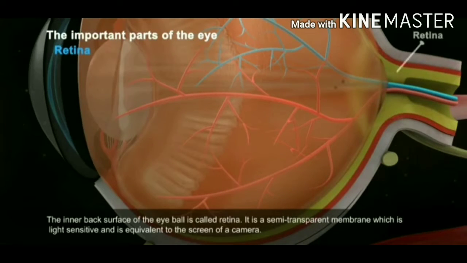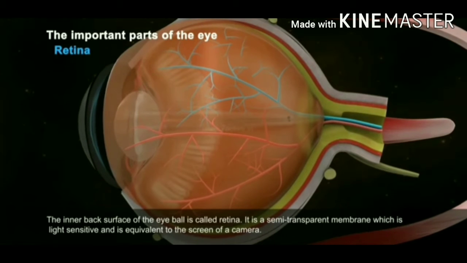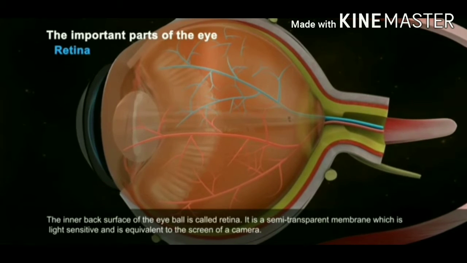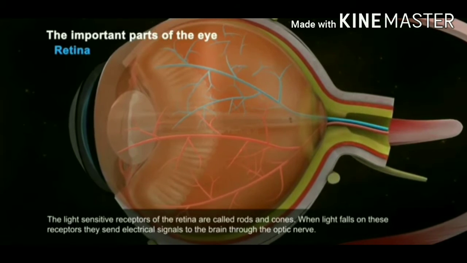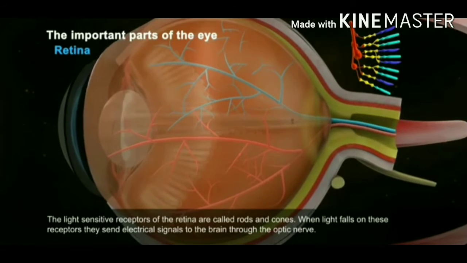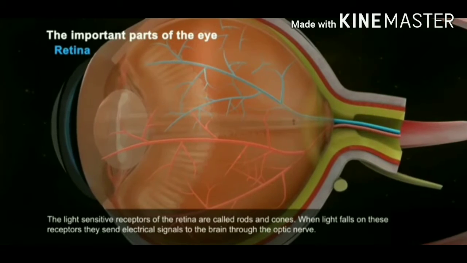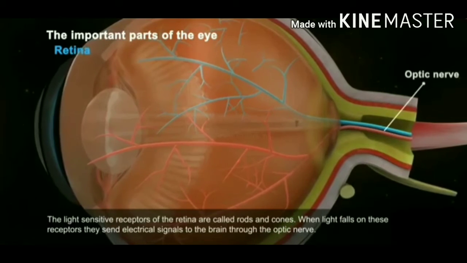Retina. The inner back surface of the eyeball is called the retina. It is a semi-transparent membrane which is light sensitive and is equivalent to the screen of a camera. The light-sensitive receptors of the retina are called rods and cones. When light falls on these receptors, they send electrical signals to the brain through the optic nerve.